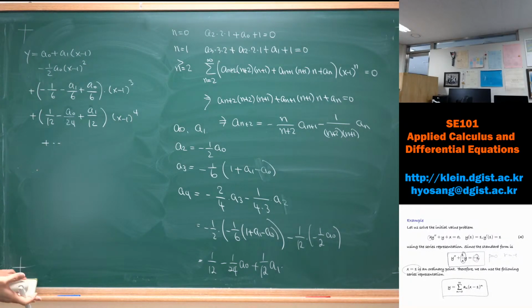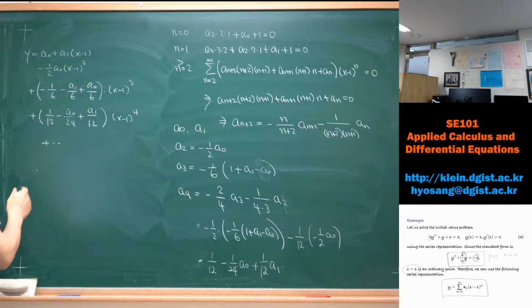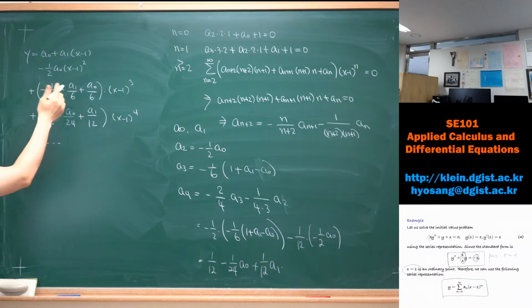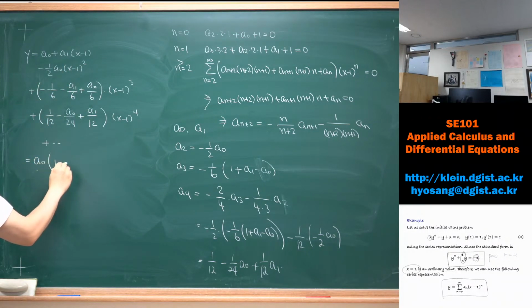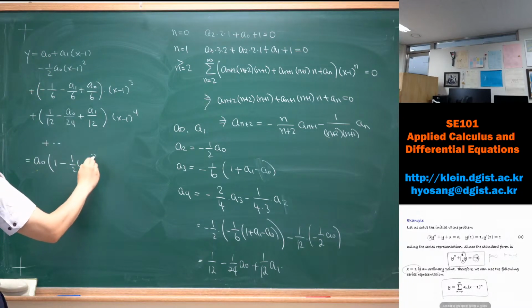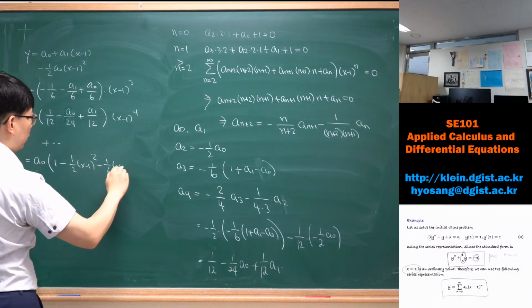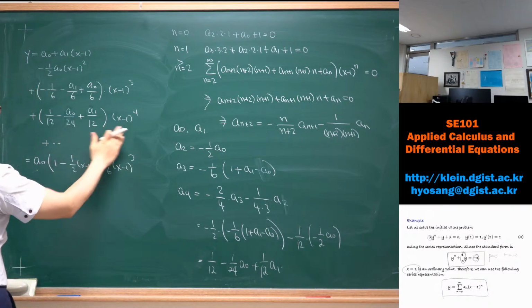And then let's combine A0 and A1, and then separate out the term which doesn't contain A0 or A1. So combining A0, we have 1 and minus 1 over 2 times x minus 1 square. And here we have minus 1 over 6 x minus 1 cube.